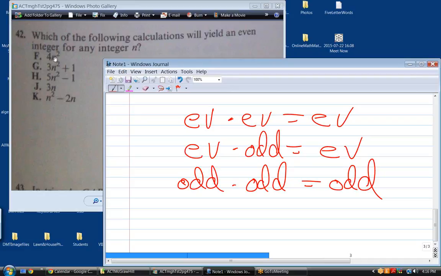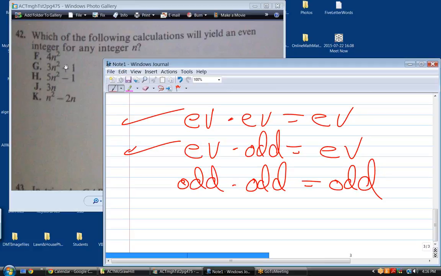But if n is odd, n squared is going to be odd. But an even number times an odd number is still even. So regardless of whether n is even or odd, you got those two situations where the result is always even.